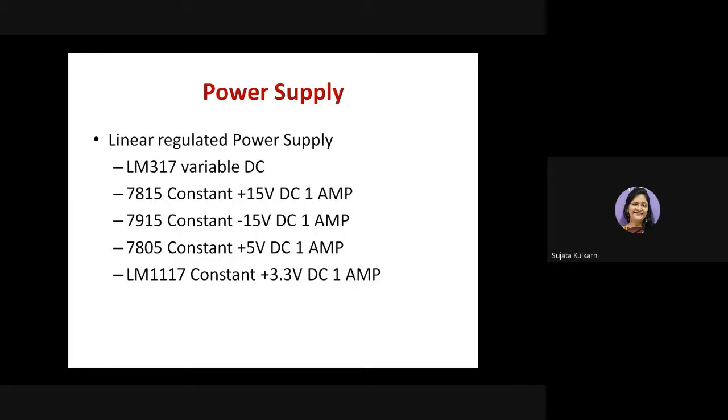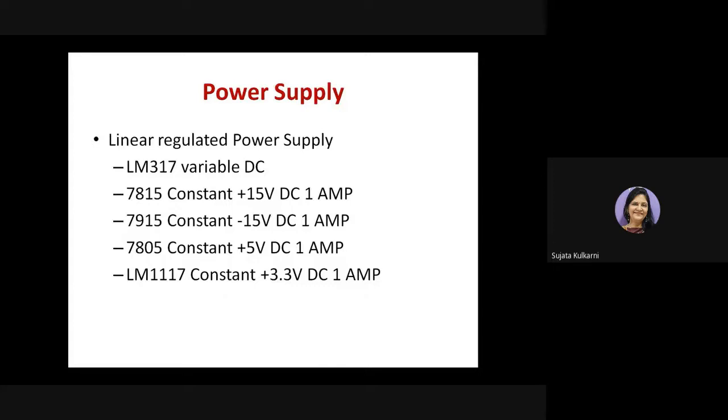And the safety point also, it is not advisable, because directly you are converting the 230 volts into DC without any isolation. So we preferred a linear regulated power supply by using a step down transformer.